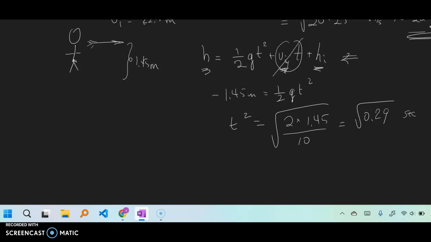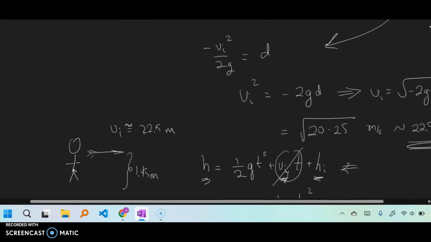Now, how big is that going to be? 0.29 under the square root is about 0.5, 0.6, roughly 0.55 seconds. The exact value I can get later; what matters is that I know how much time passes.